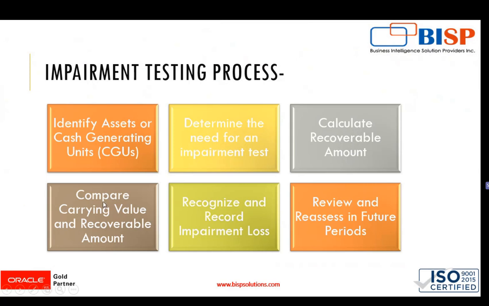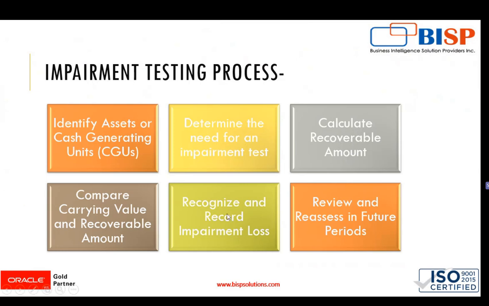Then comes comparing the carrying value and recoverable amount. We compare the asset's carrying value, which is recorded in the books, with its recoverable amount. If the carrying value is higher than the recoverable amount, an impairment loss is recognized.